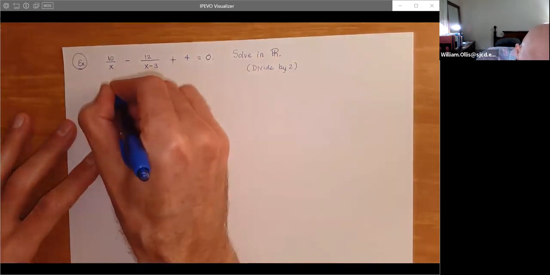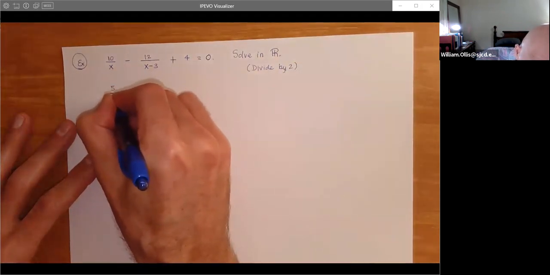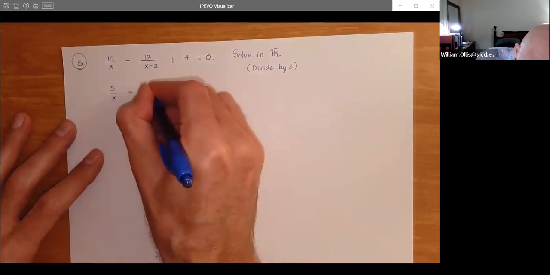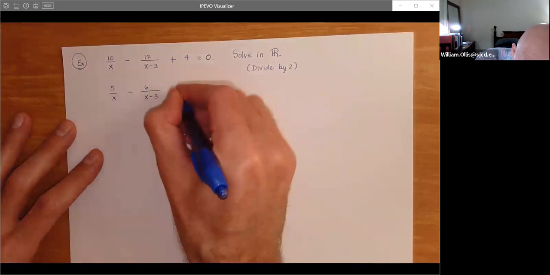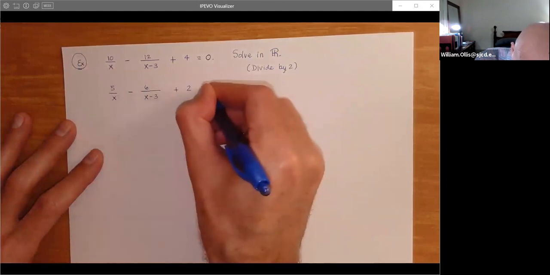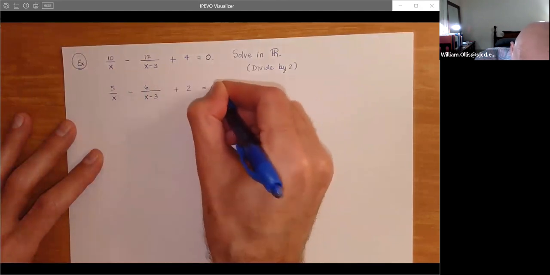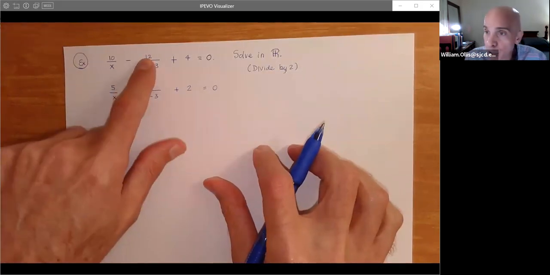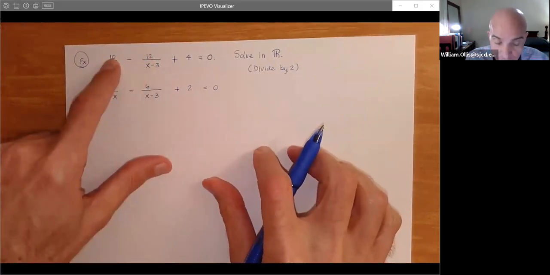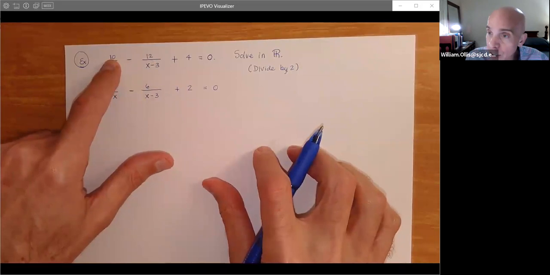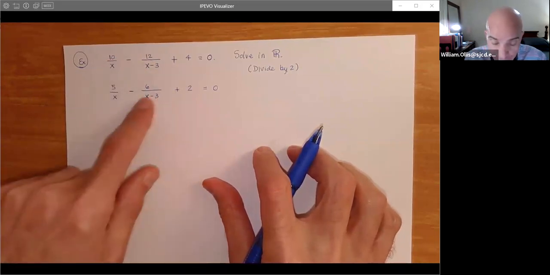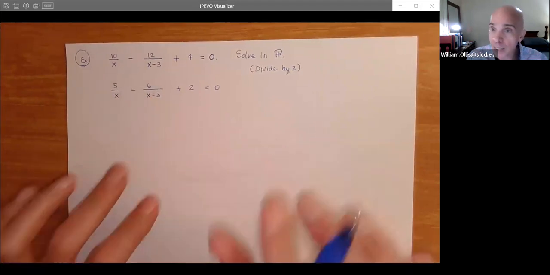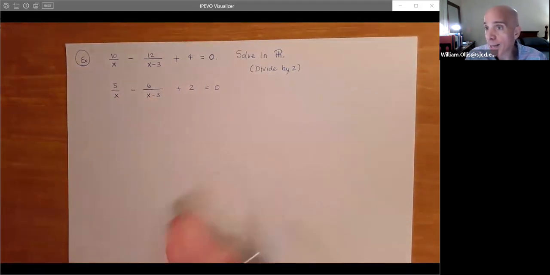So this will be 5 over x minus 6 over x minus 3 plus 2 equals 0. Again, 12 is 2 times 6, 10 is 2 times 5, and of course, 4 is 2 times 2. So when you divide by 2, you're left with these numbers. And these are smaller numbers, so why not?